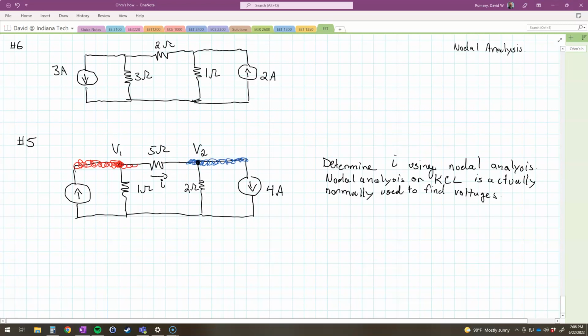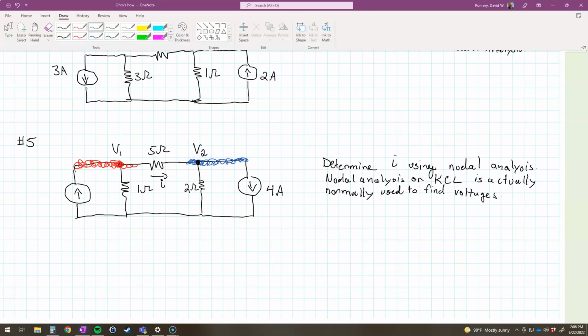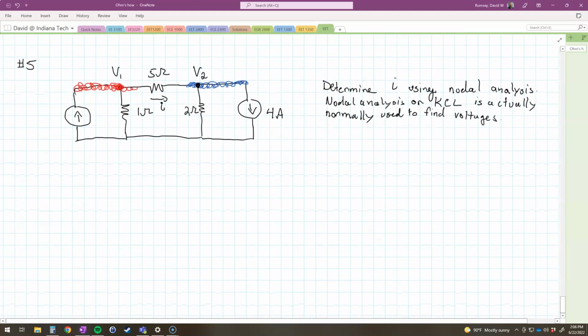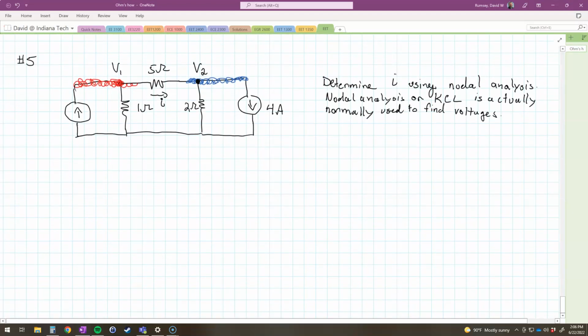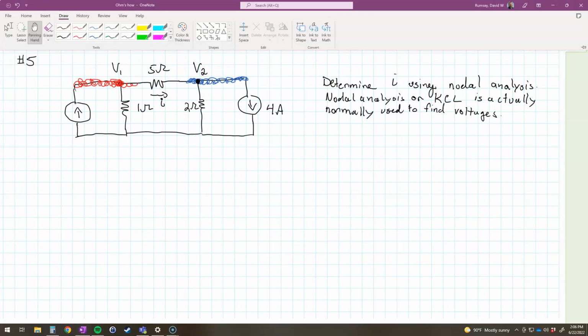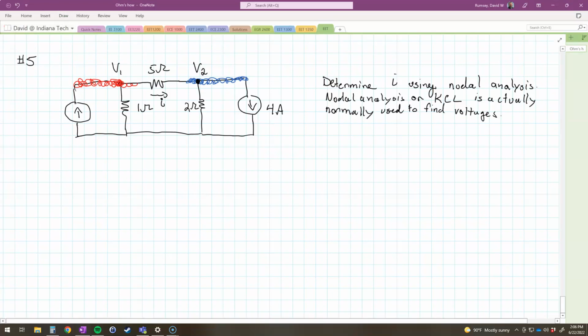And so we're going to use KCL, or nodal analysis, to find V1 and V2. Now I know you said the question's asking us to find I, and we'll get to that, but we will first use nodal analysis to find those voltages V1 and V2. And I forgot to label what this current was. It actually is 5 amps.